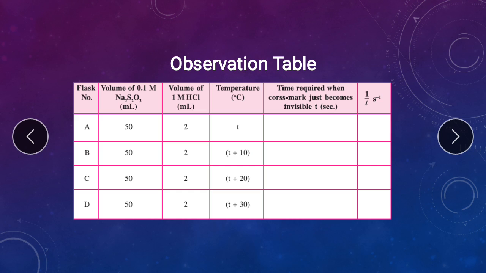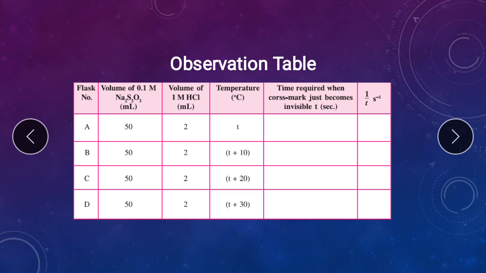After that, take flask B containing 50 ml sodium thiosulfate solution and increase the temperature by 10 degrees Celsius by heating the flask. After heating, keep the flask on the paper having the cross mark and add 2 ml HCl solution in it. Shake the flask well and record the time required when the cross mark just becomes invisible.